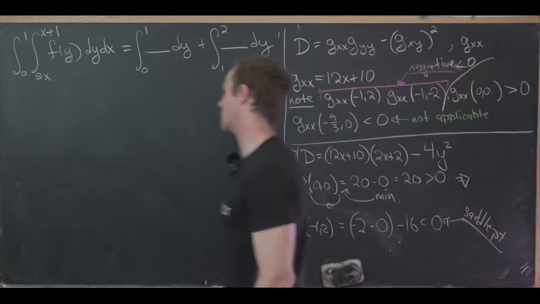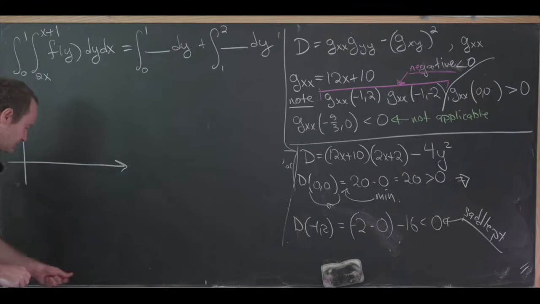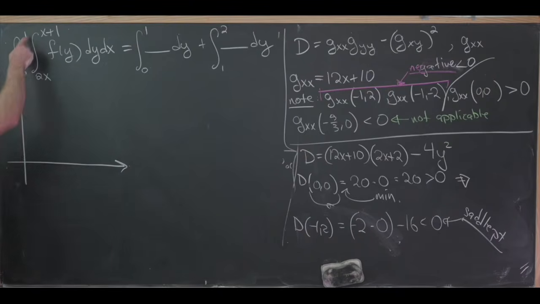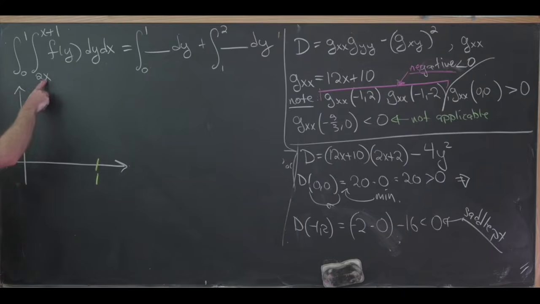Okay, so let's take the region expressed by these bounds of integration and draw it, and use that drawing to motivate how we'll change the order of the bounds of integration. Let's notice that we're going between x equals 0 and 1, so maybe we'll put x equals 1 on the plane. And then we're going y from 2x to x plus 1.